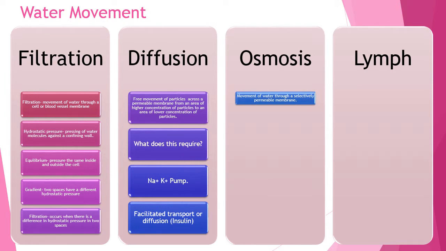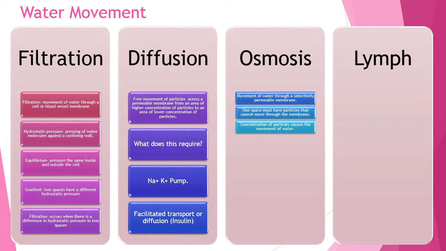Osmosis is the movement of water only through a selectively permeable membrane. For osmosis to occur, a membrane must separate two fluid spaces, and one space must have particles that cannot move through this membrane. Because the membrane is impermeable to these particles, they cannot cross the membrane, but the water molecules can.